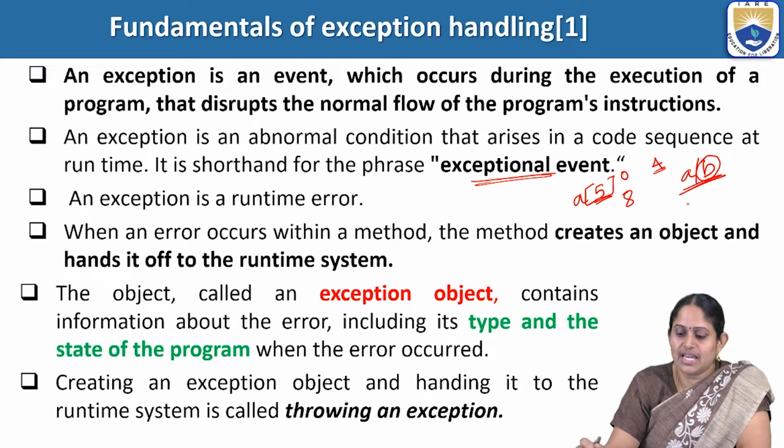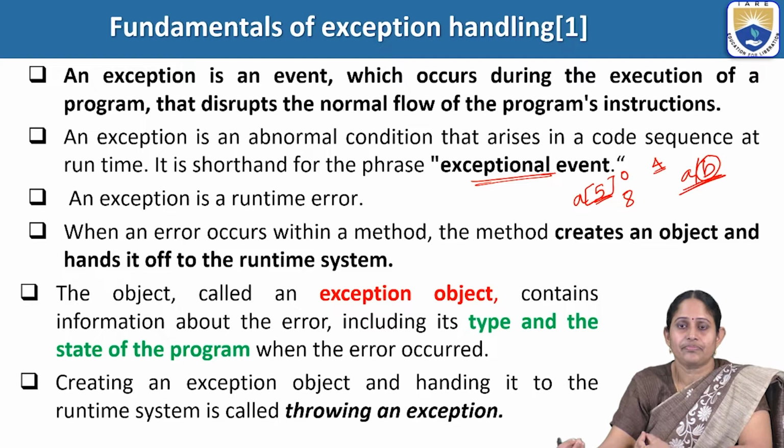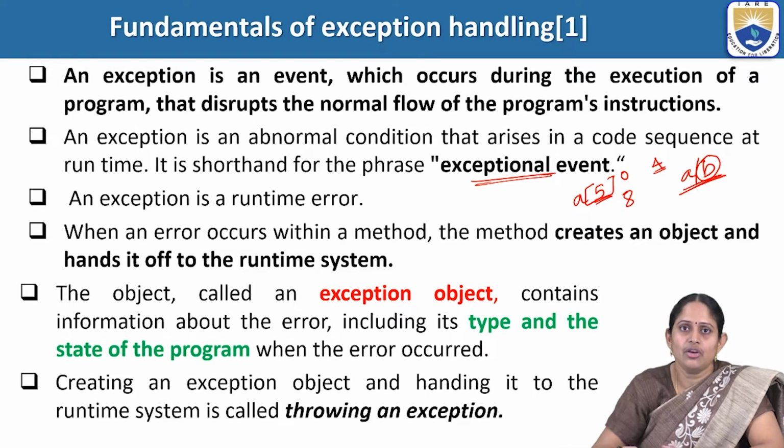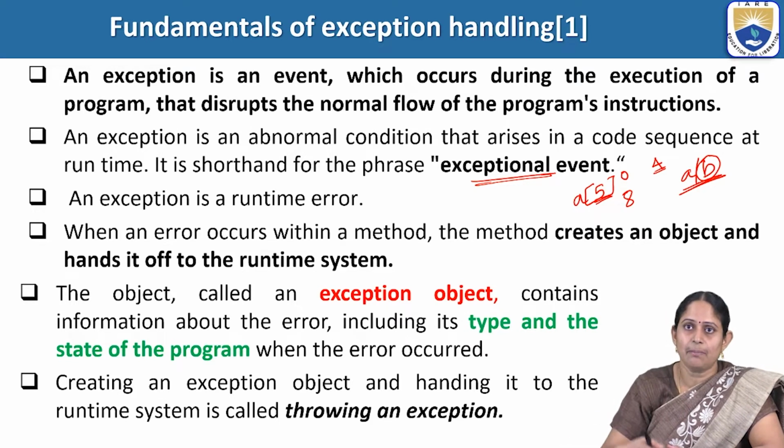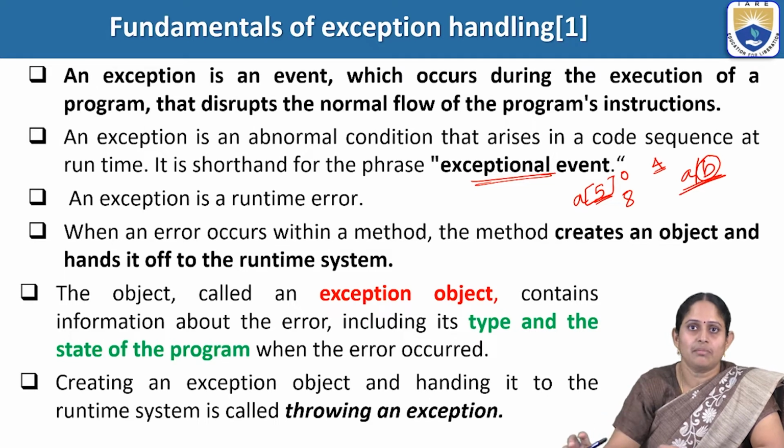When you try to access a class which does not exist, or access a file which does not exist, these are all runtime errors, or it may be some logical error in the program. All these things will lead to a runtime error. While you execute the program, when the compiler encounters such an error, it will stop the execution and give you some error messages.